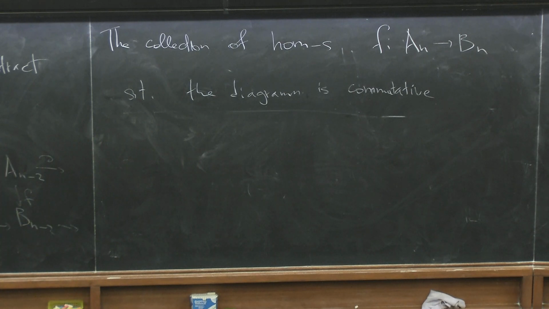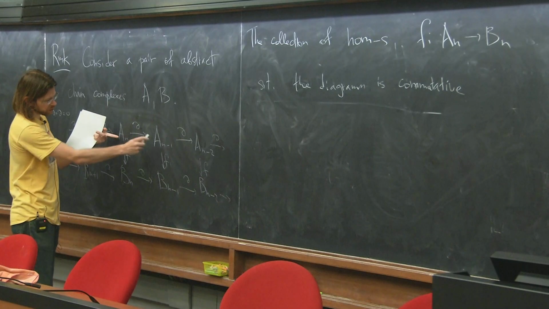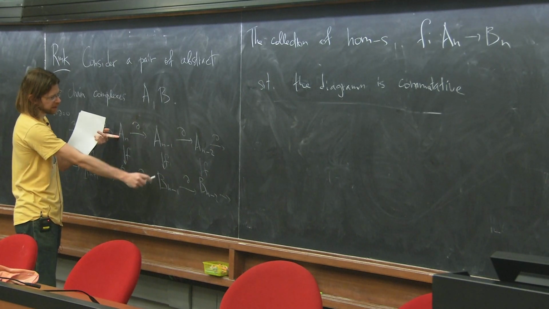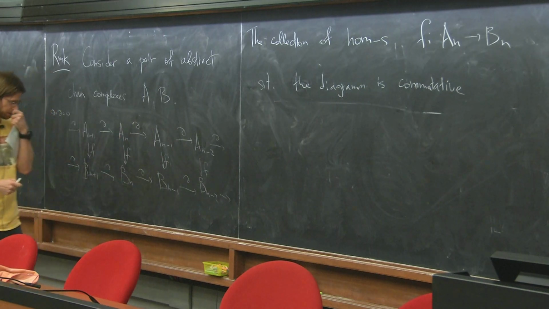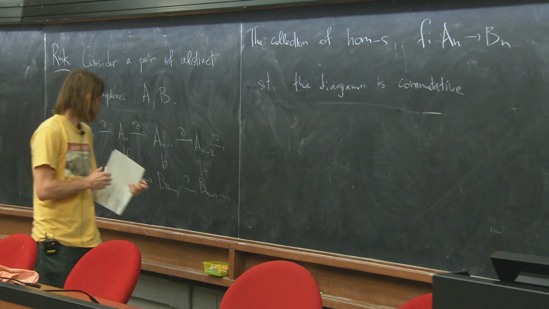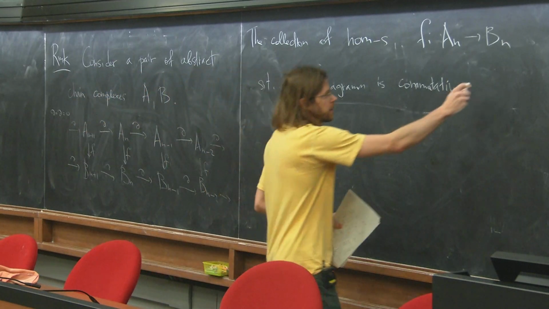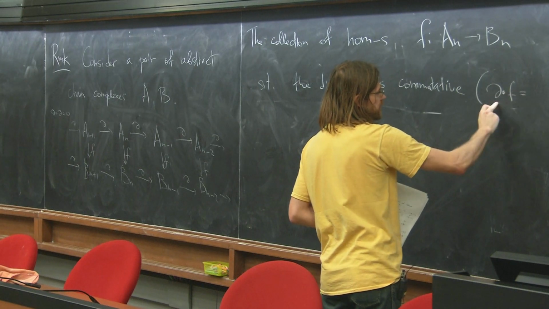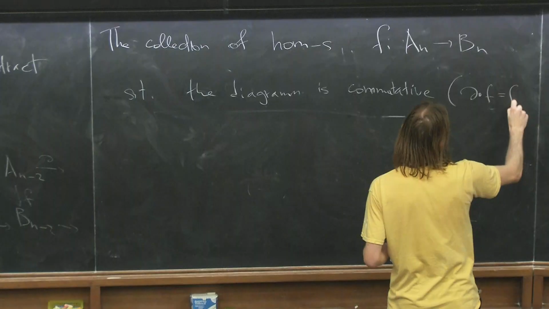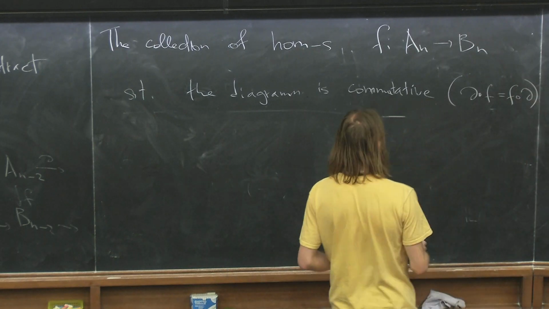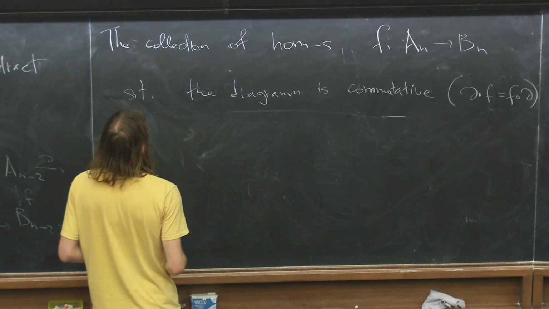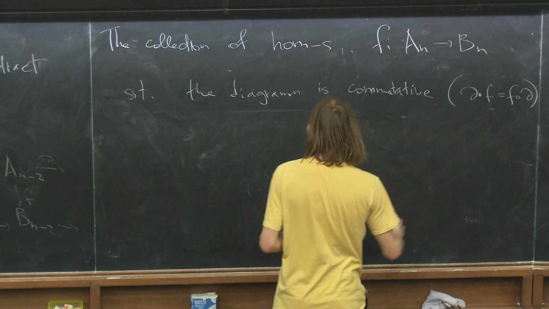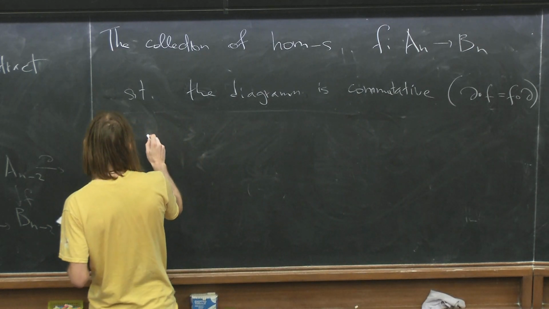So this diagram is commutative, so it's a big diagram, but essentially we have to check for each square. It's enough to check for each square that it's commutative, so that if we go like this, it's the same as we go like this. If the composition of D with F is the same as the composition in different order. So such collection of homomorphisms which satisfies this property is called a chain map.